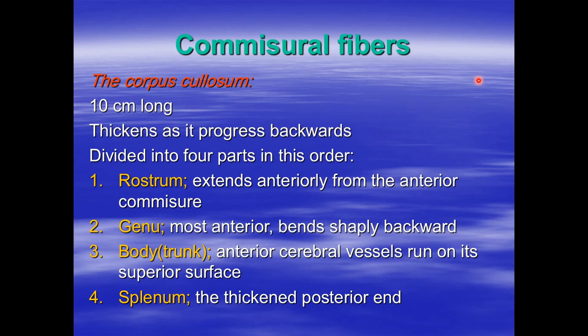It starts very thin at the rostrum, and as we go posteriorly, when we reach the splenium, it will be the thickest. It divides into the four parts, as we said: the rostrum, the genu, the body, and the splenium. And don't forget that the anterior cerebral arteries run on its superior surface.